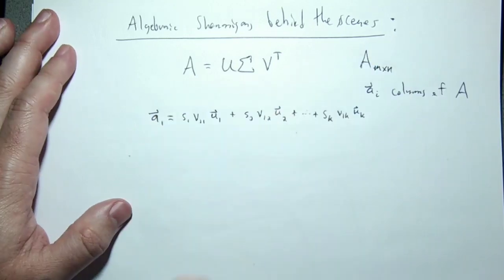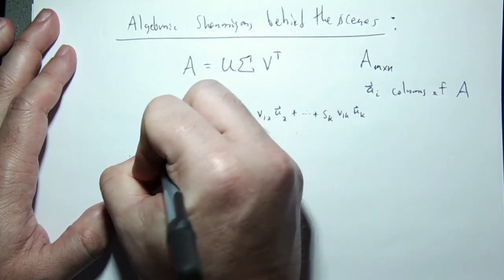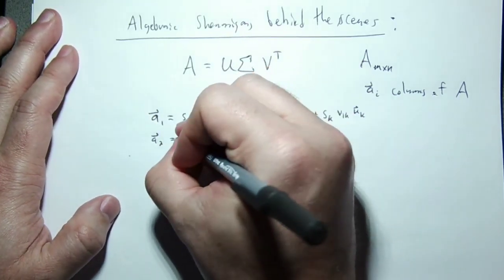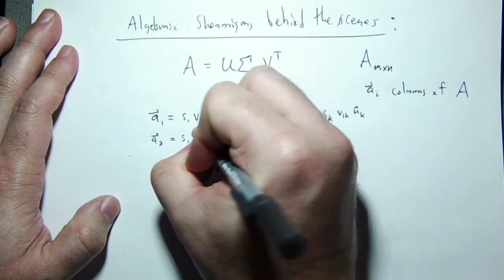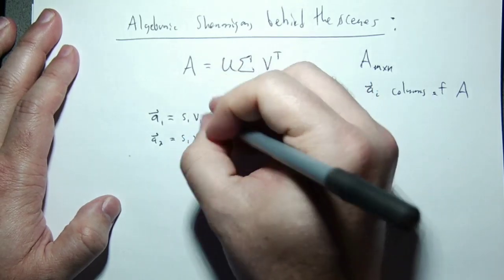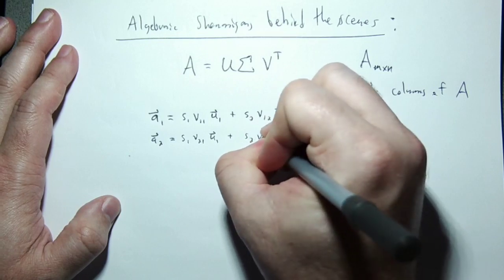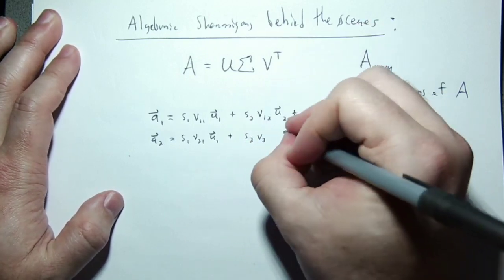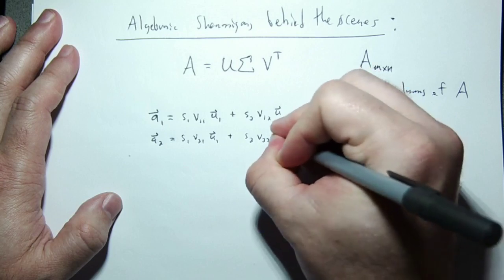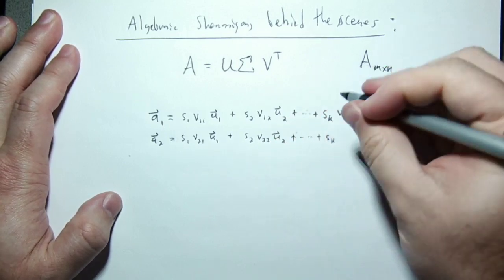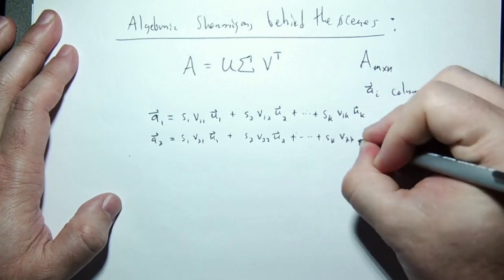That's the first column of A, and the second column of A is done similarly. It is s sub 1 v sub 2,1 u sub 1, plus s sub 2 v sub 2,2 u sub 2, and so on, all the way out to s sub k v sub 2,k u sub k.